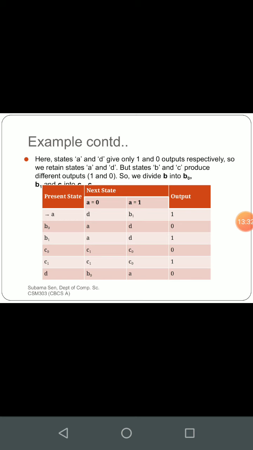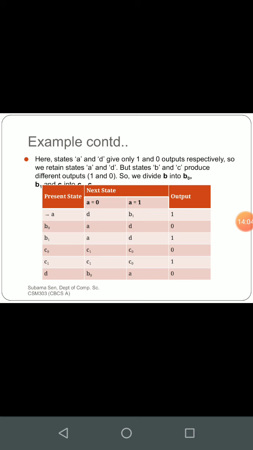Here the generation of output is same, right? For both, when b is transiting to state a for input 0, it is generating 1. For present state d, when it is moving to the next state a, again it is generating the output 1. Means what we are doing, we are doing nothing. We will just focus on the next state and find out where a are lying, and we will see the corresponding outputs. If it matches, fine. In case of a, it is matching, that's why we have written the output as 1.